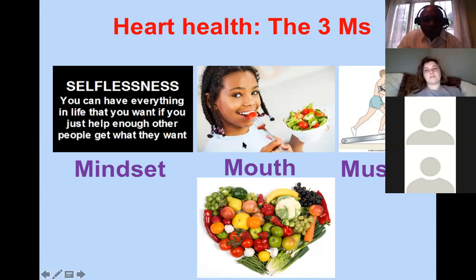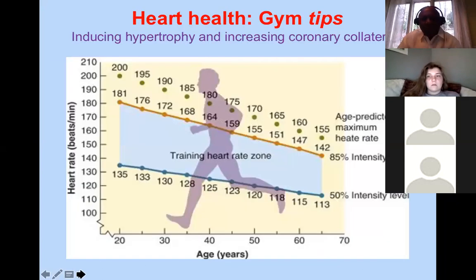So we've already talked about this, and we've already talked about this. I want now to focus on the muscle, the cardio exercise. So I'm going to give you the formula for this, and please do share this with as many people.